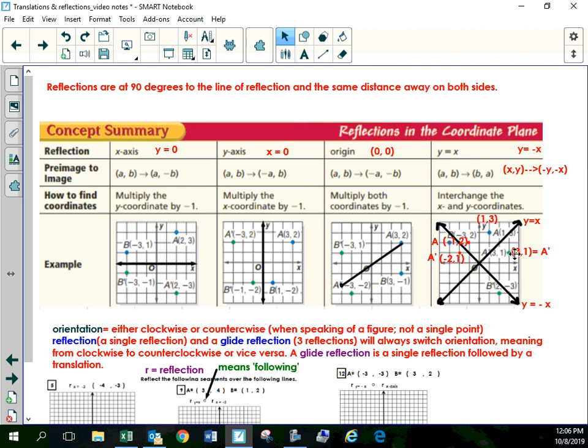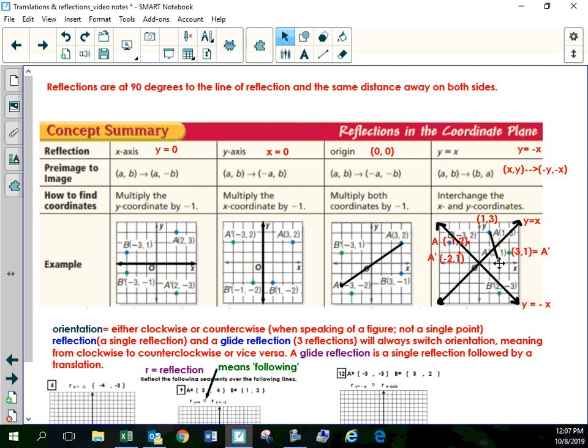X and Y switch. Again, remember, if I connect that pre-image to the image, it must be at 90 degrees. You can tell it's 90 degrees right there. It must be at 90 degrees to the line of reflection. So, for example, if you thought your answer was somewhere like down here, I should be able to see that that is not 90 degrees to that line.